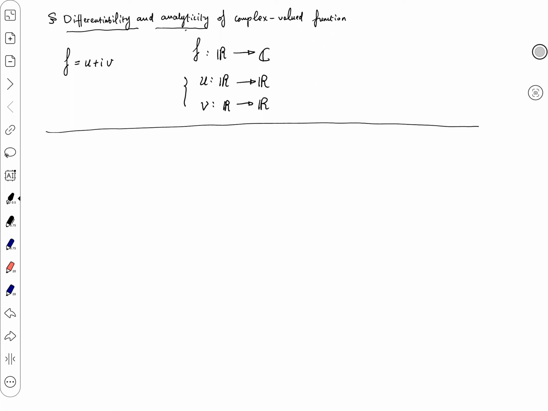In this case, the derivative is defined to be, let's say the variable is x, u's x derivative plus i times v's x derivative. And so if you're taking the derivative at some x naught, then this is how it is defined.